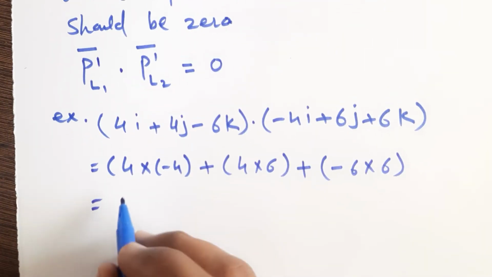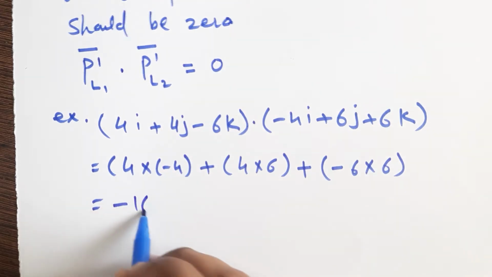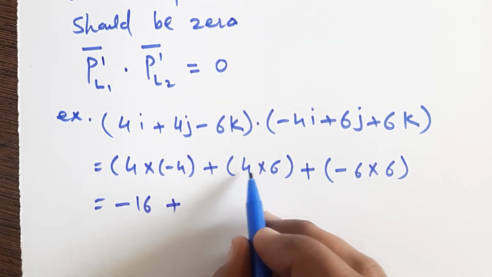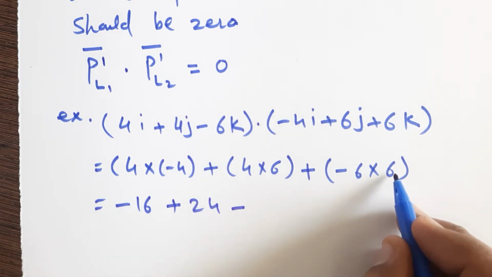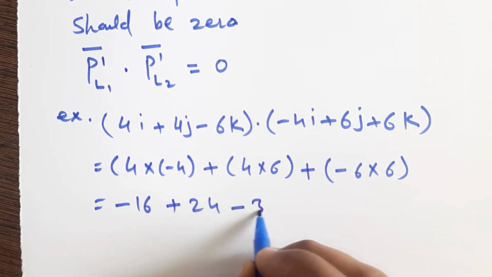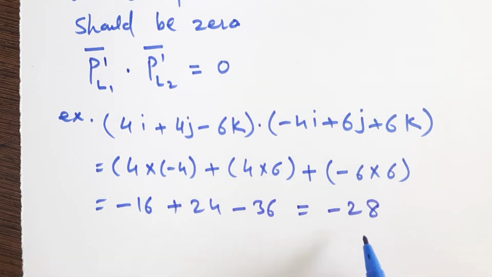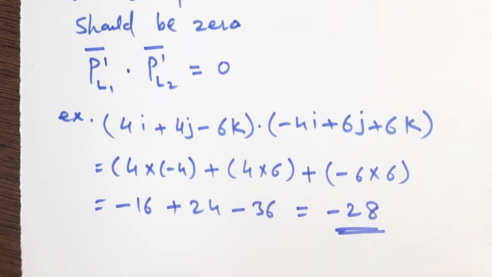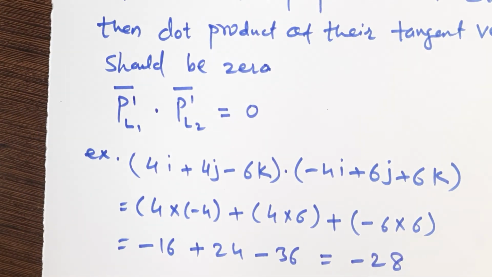Let us calculate. 4 into minus 4 is minus 16, plus 4 into 6 is 24, and 6 into 6 is 36 with a minus sign, so minus 36. The result is minus 28. This is not 0, so these two lines are not perpendicular to each other.